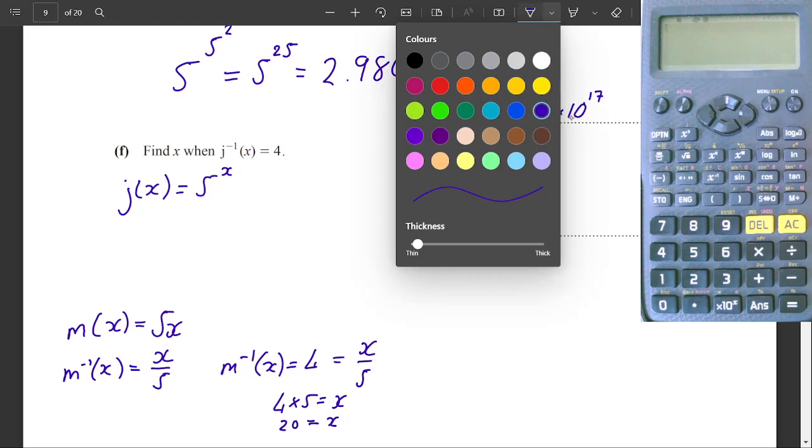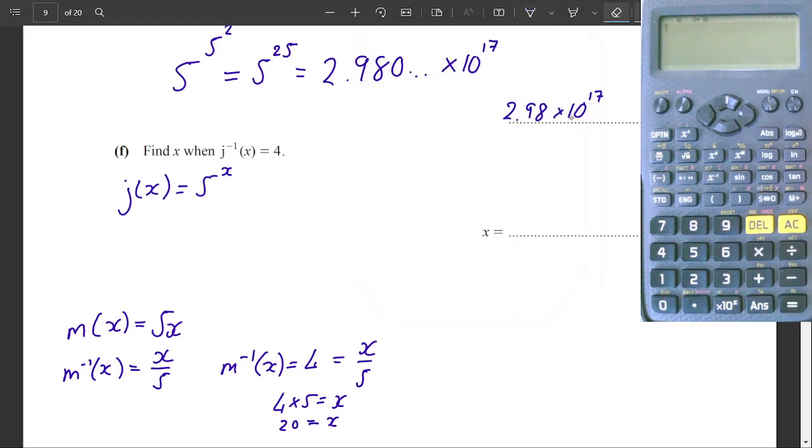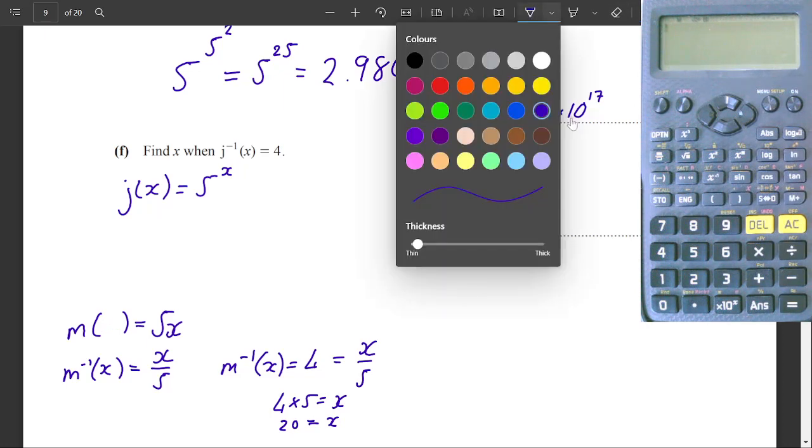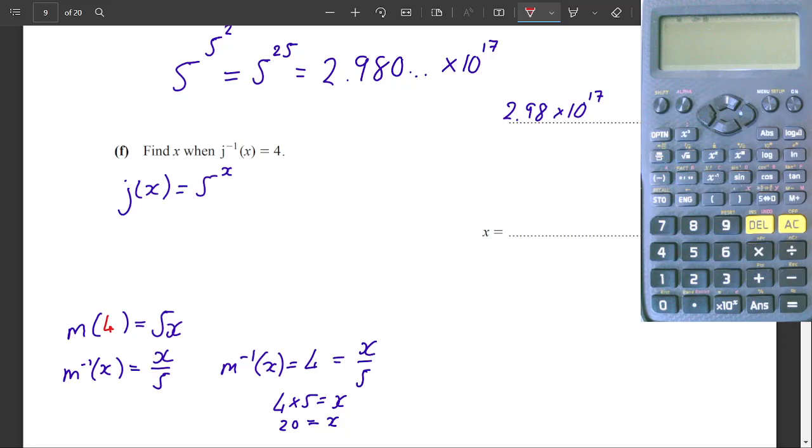What in effect has happened is that we got 20. So for the inverse, we can swap the x for a 4, which means that to get the inverse answer, it's like getting the straightforward answer for 20, because we're effectively swapping the x and the y values. I hope that makes sense. So you see, the inverse equal to 4 is the same as x swapped for 4.